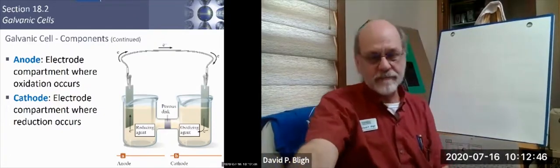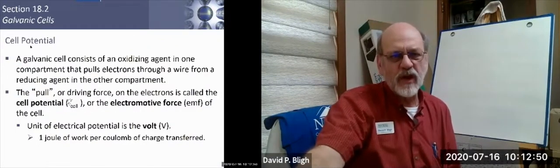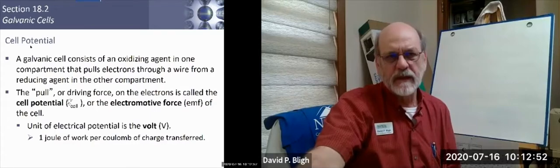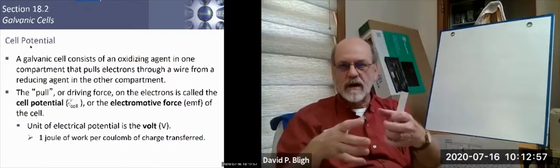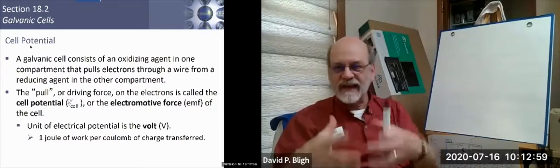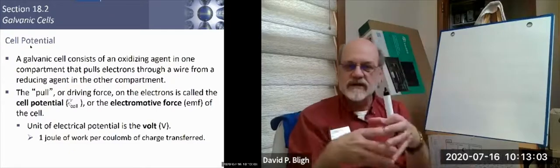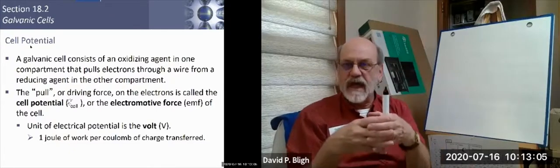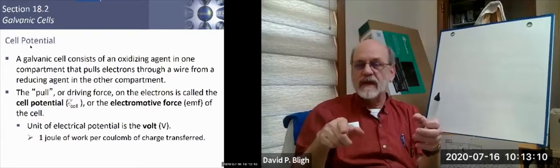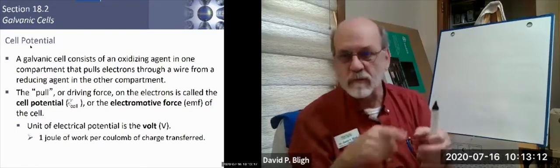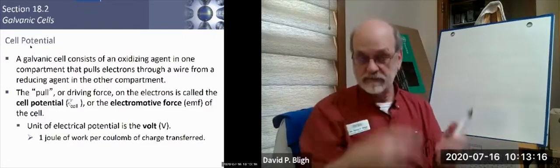All right. So now let's talk about cell potential. Both of those half reactions together are the galvanic cell. You have a half cell and a half cell combined to make the galvanic cell. And when you have completed the circuit, you should be able to measure a voltage in the external wire.